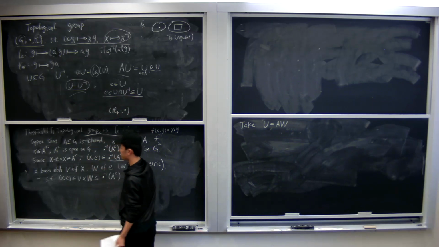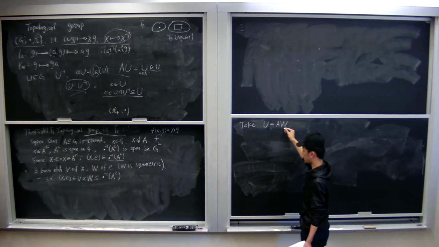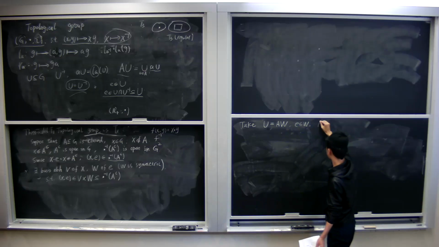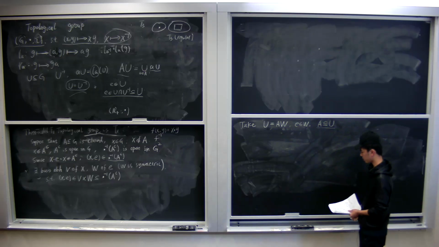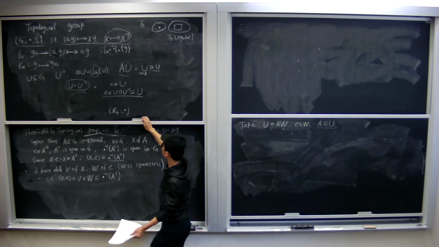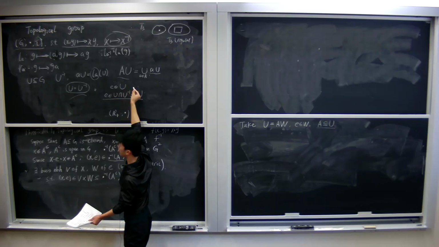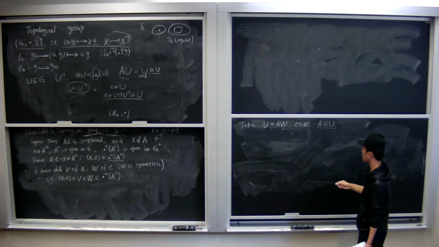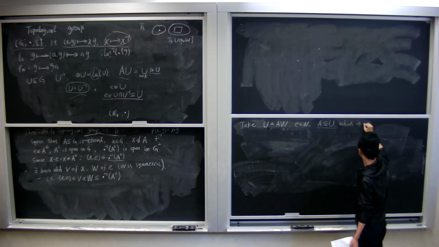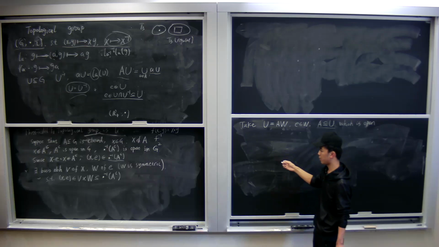First, E is in W, so we must have A in U. Also, because we already proved that if W is open, then for any subset A, AW is also open. So U is an open set which includes A.